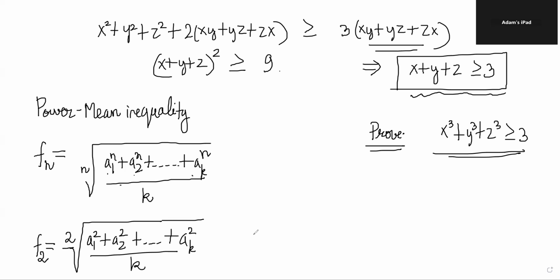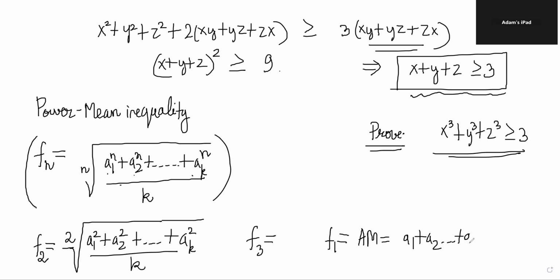And F3 would be similar. All the numbers you raise to cubes, you do the average and then do a cube root at the end, right? This is the definition of a power mean. F1, by the way, is the same as the arithmetic mean, because the root will be your root 1, right? So it is the same thing.